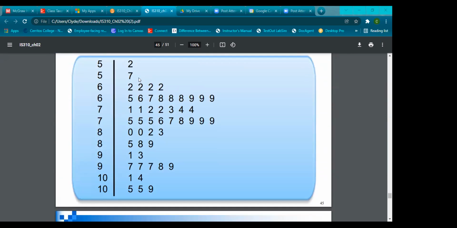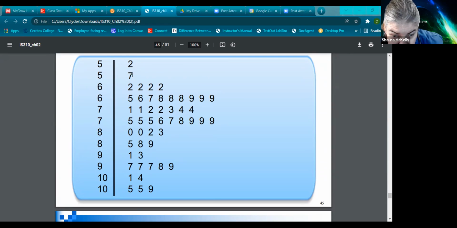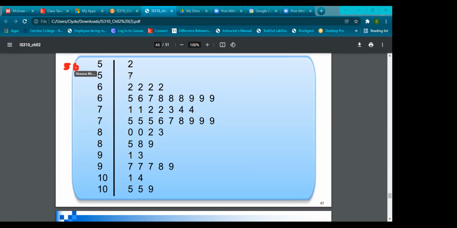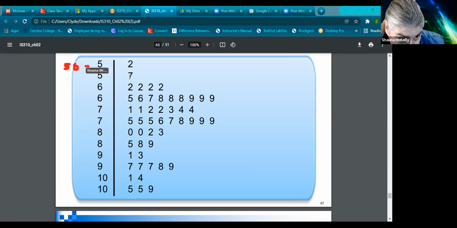So here on this one, I noticed that they went 52 and then they went all the way to 57. In this case, what they did is they stretched it out. That's what I was explaining. So instead of having classes that were 50 to 59, essentially what you're looking at here is 50 to 54.